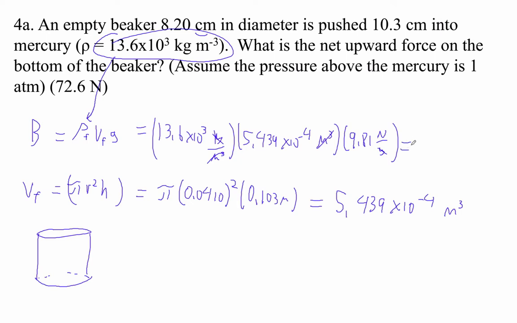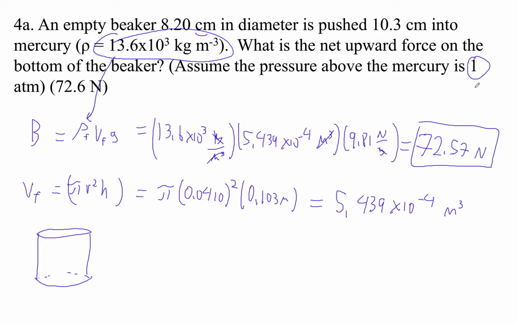So let's figure this out. 13.6 E3 times the answer I just got times 9.81. And I get 72.57 newtons. Notice that we didn't use the 1 atmosphere above the mercury.